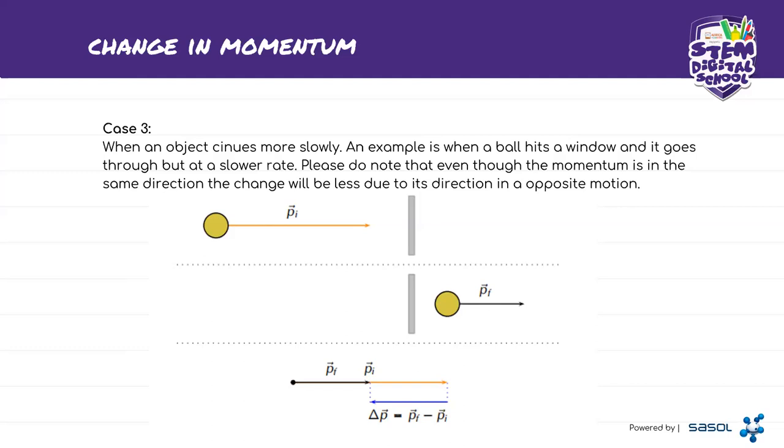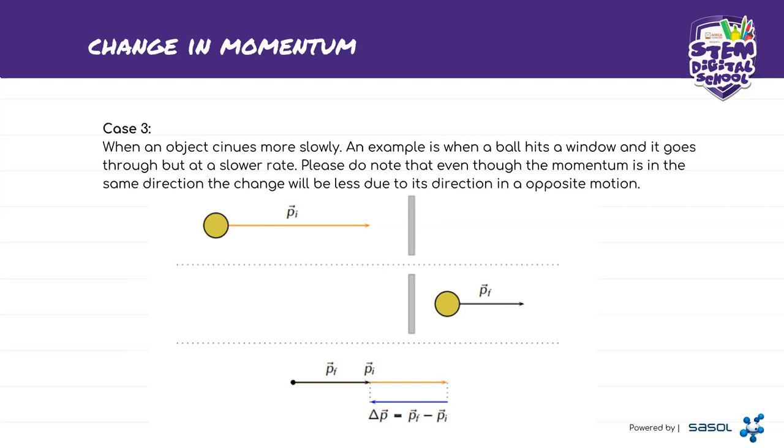So it's going to be much slower than the momentum it had in the beginning, which means that the velocity is also going to be much less. So an example is when a ball hits a window and goes through, but at a slower rate.